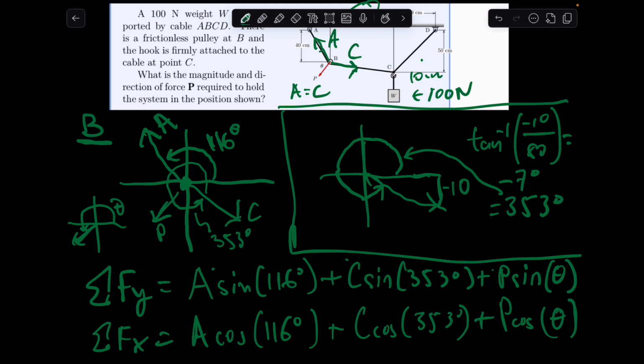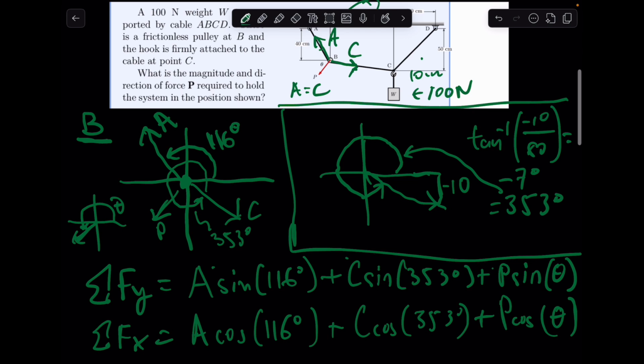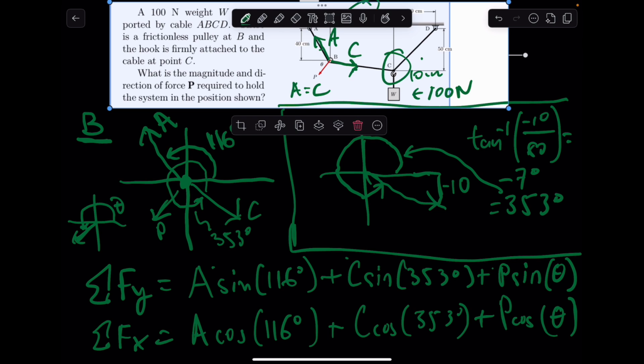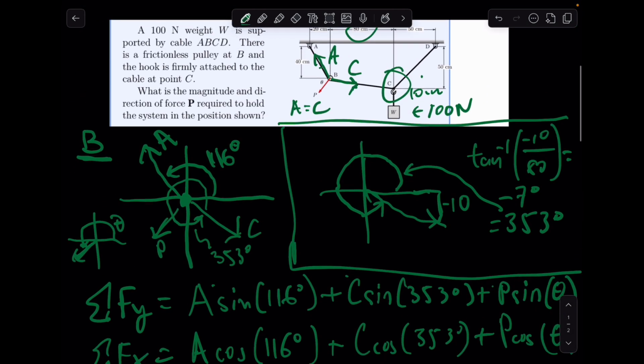Okay. Now let's go ahead and draw our free body diagram for this one, point C. I'm going to go ahead and copy this so we can continue.